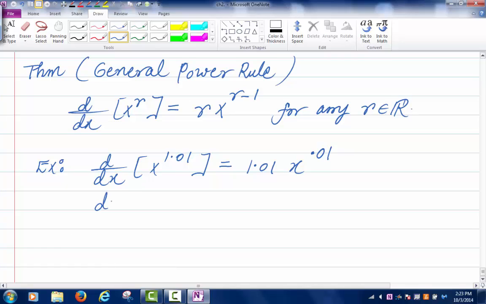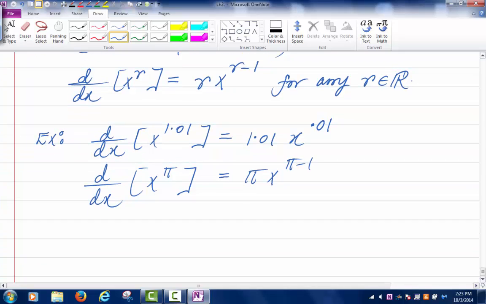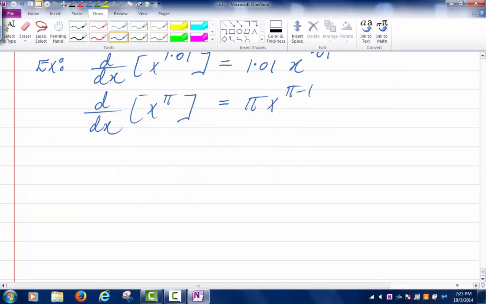If I take the derivative with respect to x of x to the pi, this would be pi x to the pi minus 1. Okay, so we know how to take the derivative of any power of x now. Everybody is clear on this? Okay.